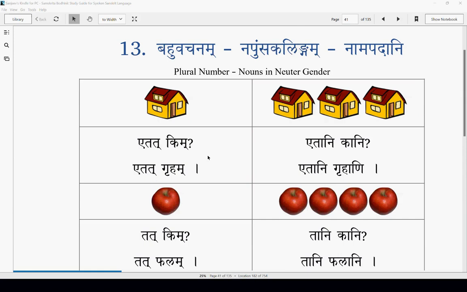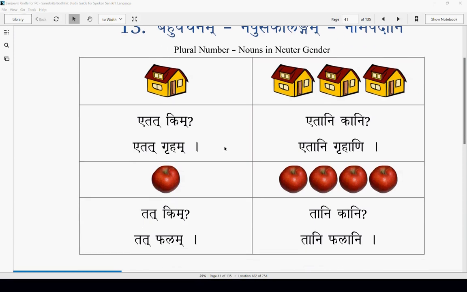Asti kim, Bhagini? Nasti. Okay. You want to read? Etat kim? Etat gruham. Etani kani, etani gruhani. Tat kim, tat phalam. Tani kani, tani phalani.